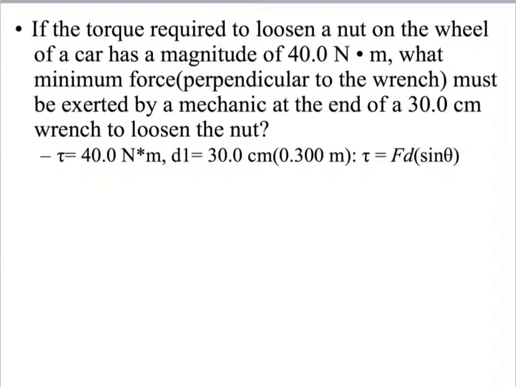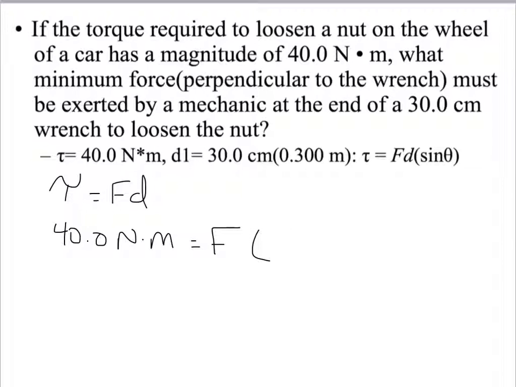So I'm going to do the same equation. Perpendicular, so I don't need to deal with the sine of 90. So this is going to give me torque equals force times lever arm. Our torque is 40.0 newton meters. The force is what we want to solve for, and our lever arm is 0.300 meters.